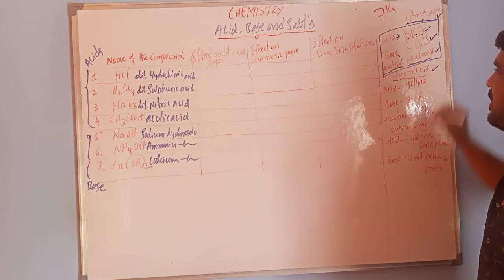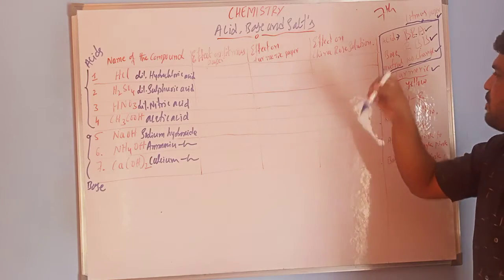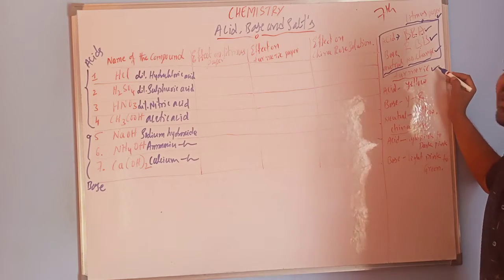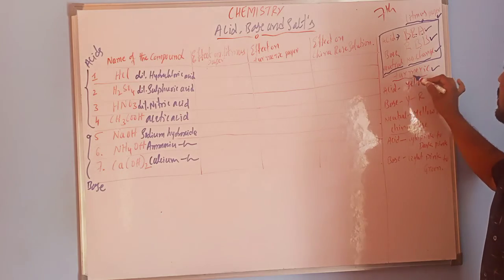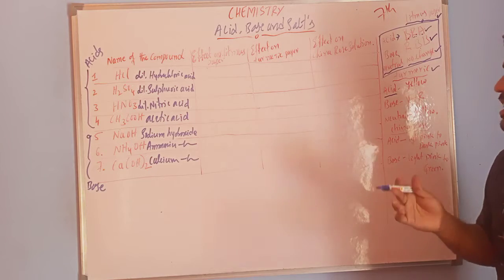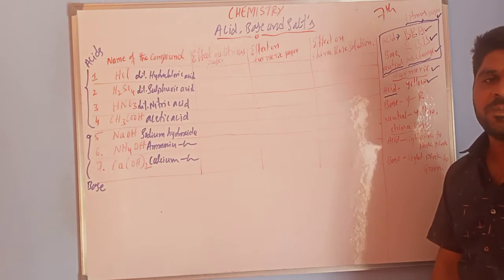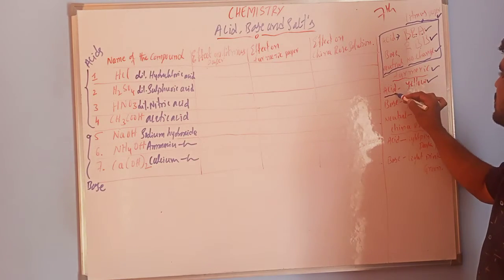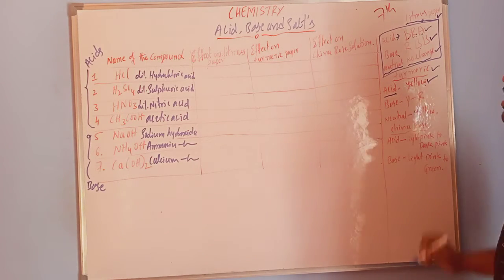Next is turmeric. Generally turmeric paper is yellow in color. When you dip the turmeric paper in acidic solution, there is no change in color; it remains yellow.